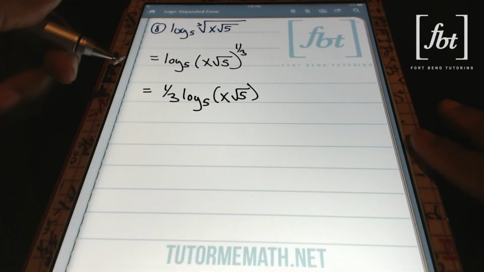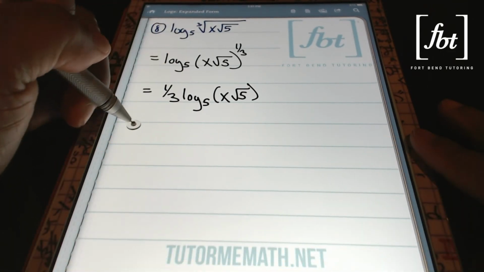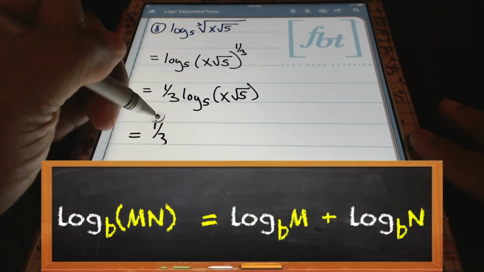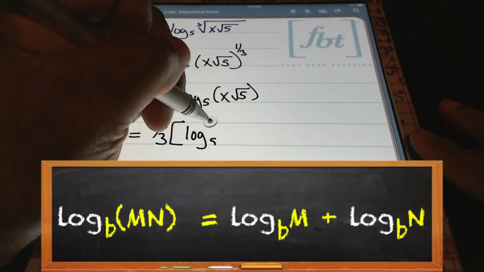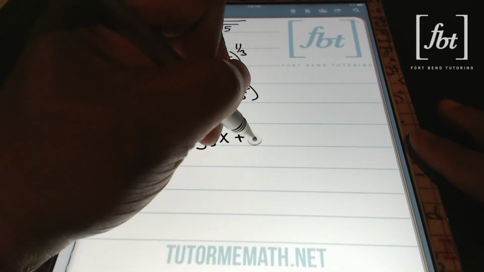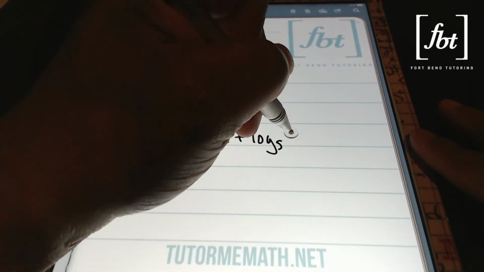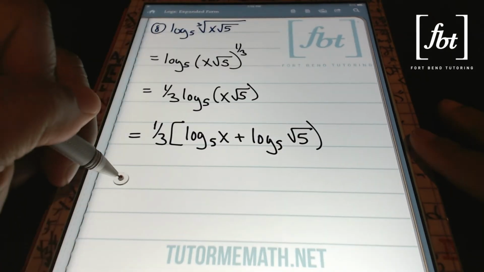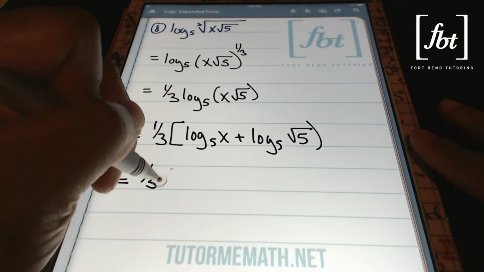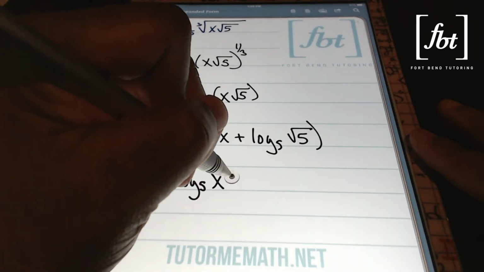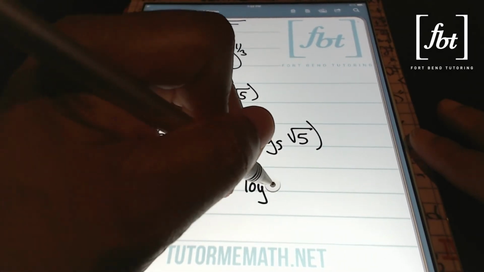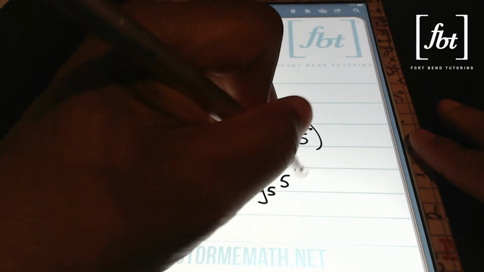Just like that. And then we'll go ahead and use our product rule. So I'm going to start by showing that we have 1/3. Using a bracket to expand this, we'll have log base 5 of x plus log base 5 of the square root of 5. Then we'll have our 1/3 times the log base 5 of x plus log base 5 of 5 to the 1/2 power.